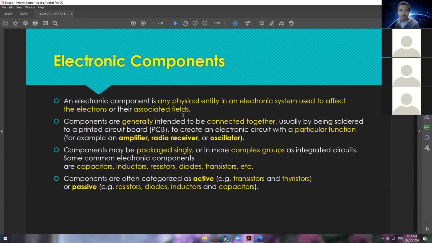To make it simple, anything that can control or affect the electricity, that's already a component.